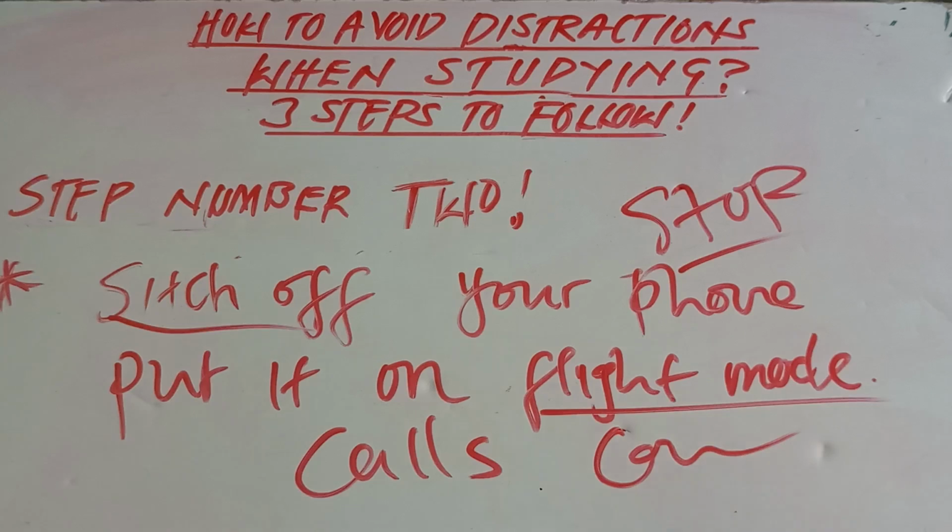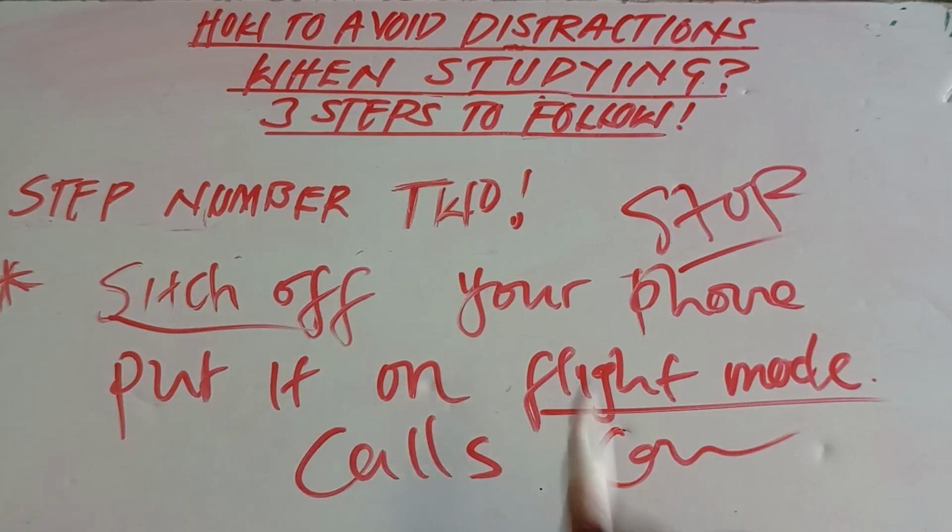By following the first step, this step and the last step which I'm going to give you, you are going to study effectively, whatever you study is going to be in your head, and you're going to master it.